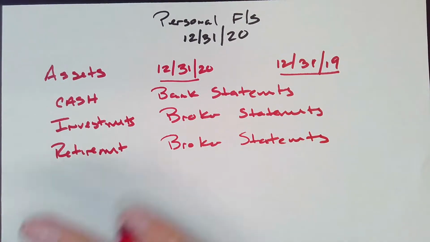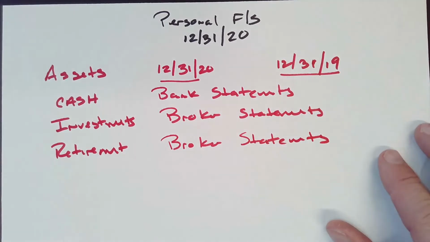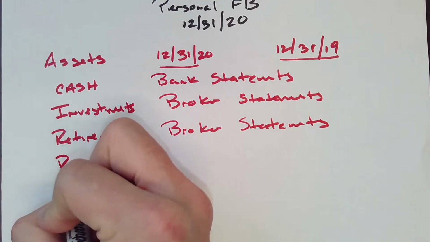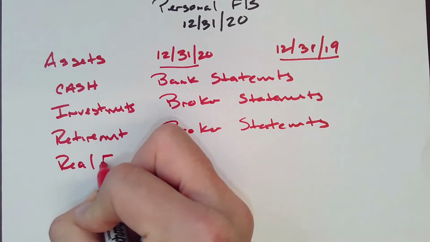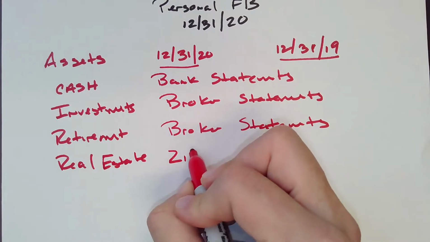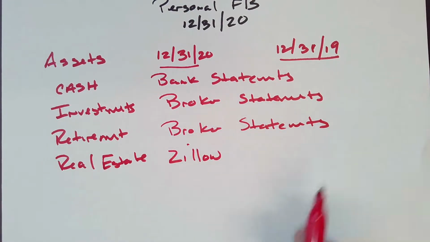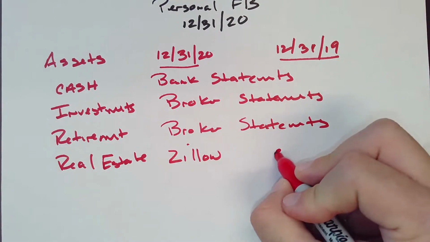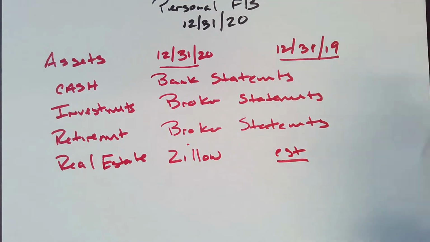All right? We're just describing how to do this. If I have any real estate, I might go to Zillow and find out how much it's worth today and try to come up with an estimate of how much it was worth in 2019. All right?